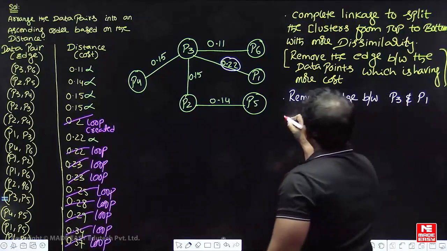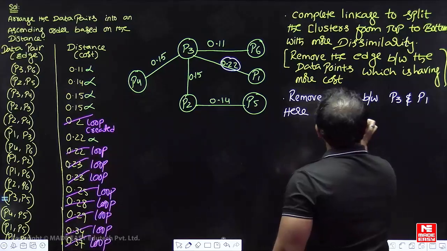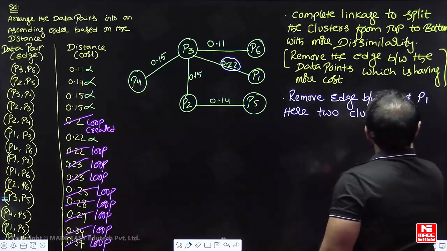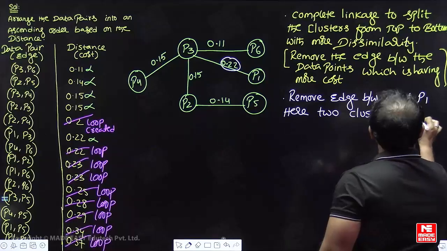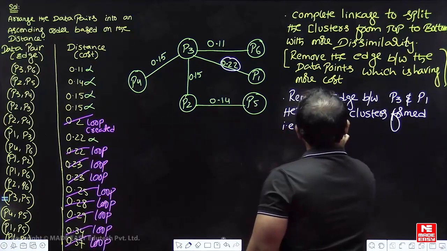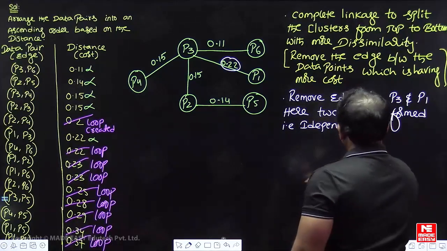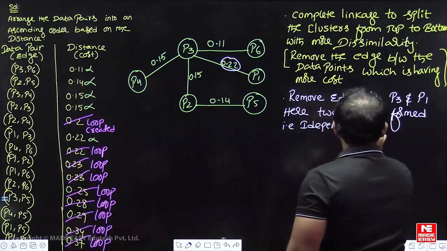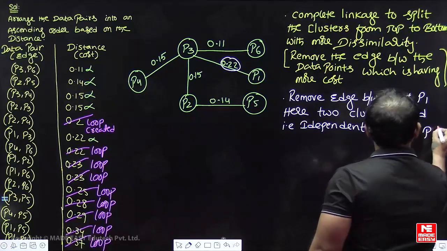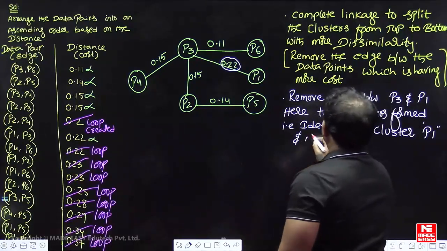So here two clusters are formed. That is an independent cluster, P1, and the other clusters are there, na? Dependent clusters.